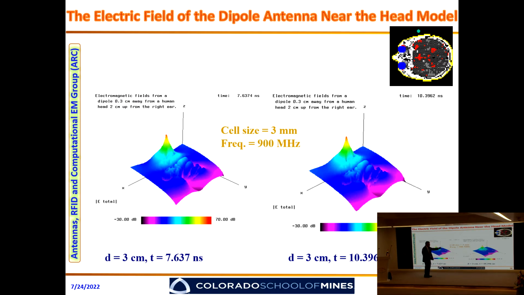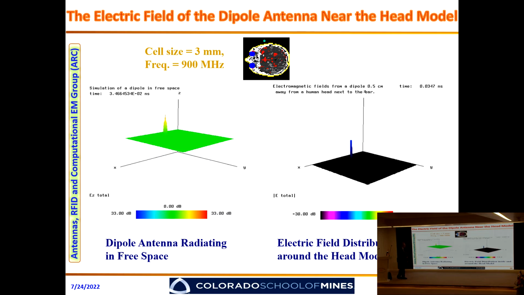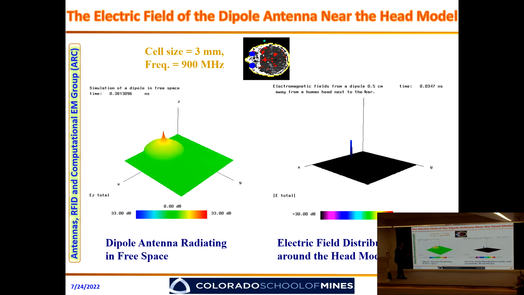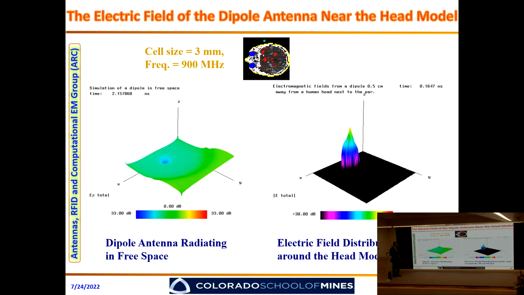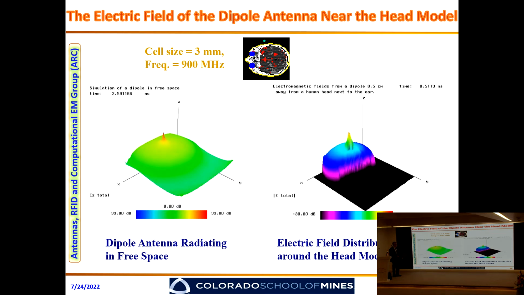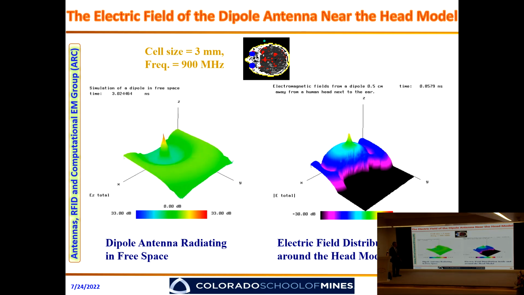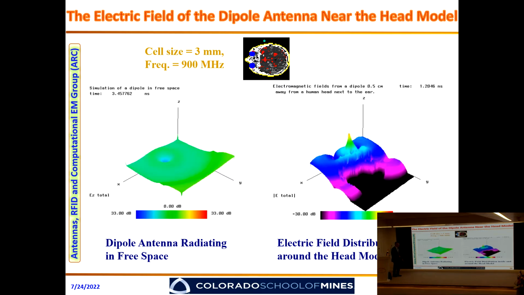It's basically the same level of field inside the human head. That gives you an image of the radiation in free space. You can see the traditional sinusoidal waveform, and that gives you the image of the wave coming from the dipole antenna next to the human head.